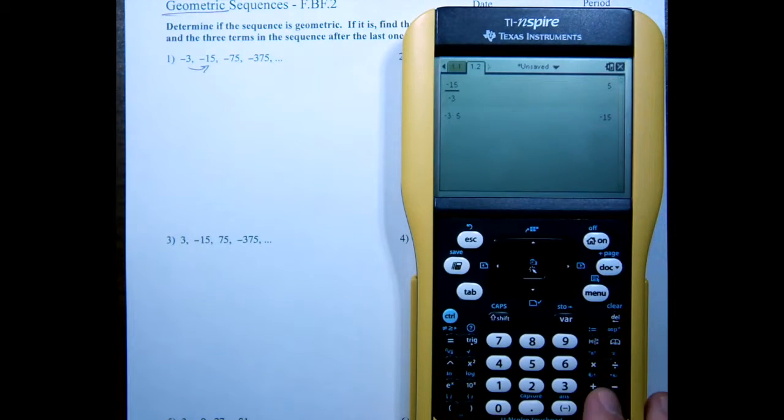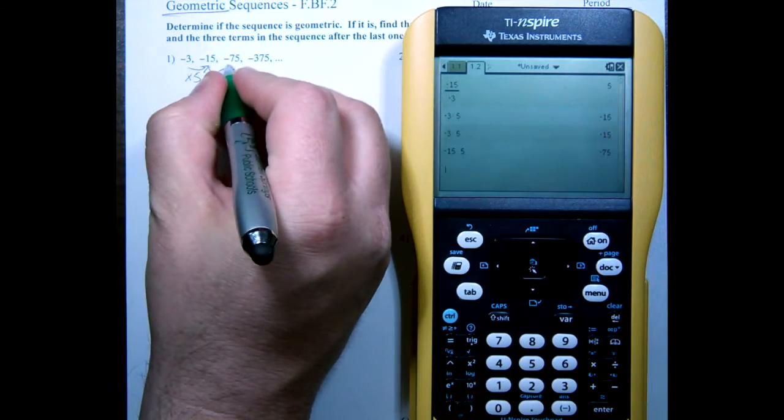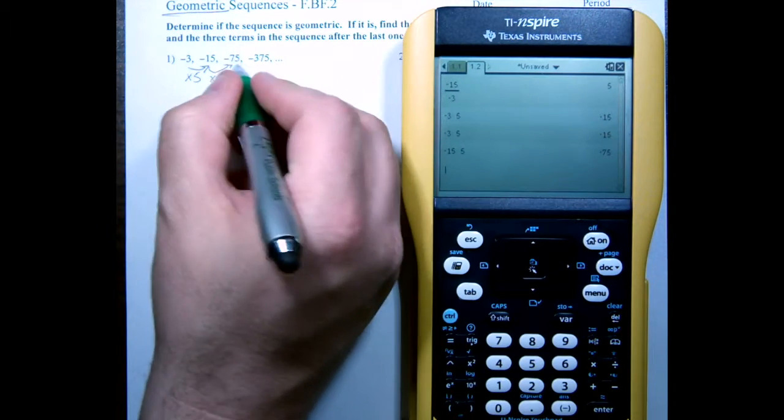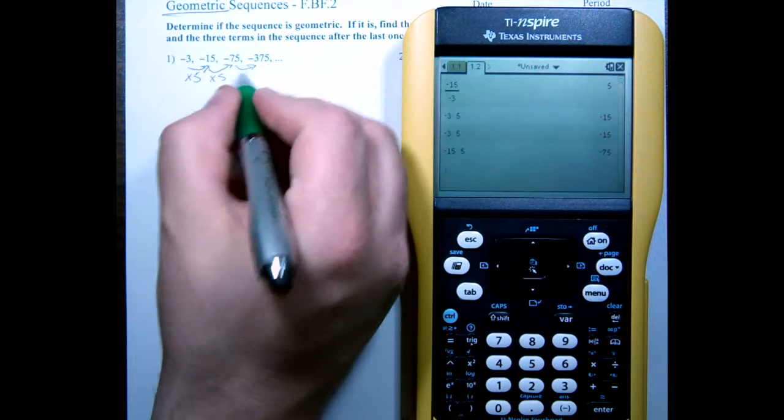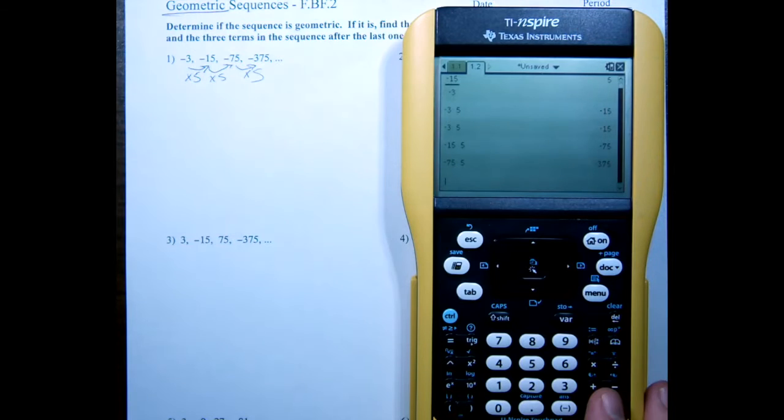If I hit times 5 again, that'll take that -15 and multiply it by 5, which is -75. So I'm going to multiply by 5, then multiply by 5, and then if I multiply by 5 again, I'll get 375.